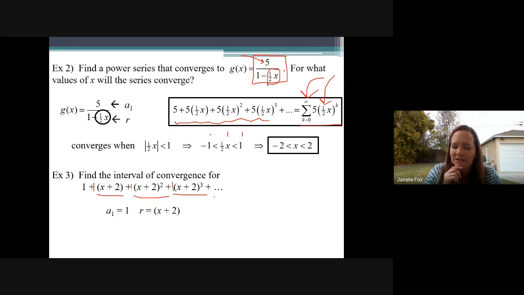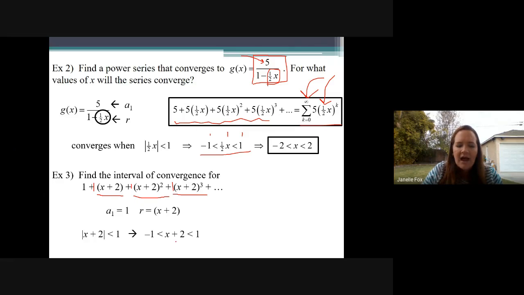So I think I'm just going to take that r, x plus 2, put it in absolute value bars, and make it be less than 1. We're going to put the number sandwich, and make -1 is less than x plus 2 is less than 1. In the previous example, we multiplied by 2 to get x by itself.